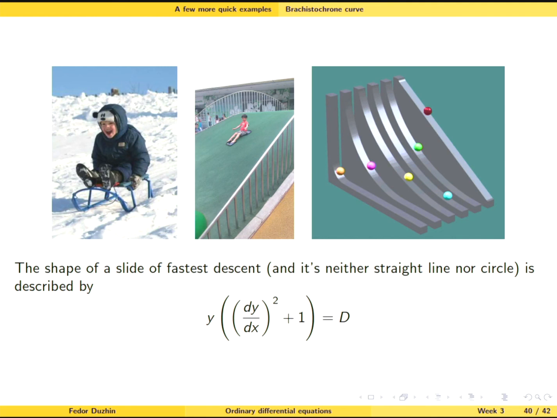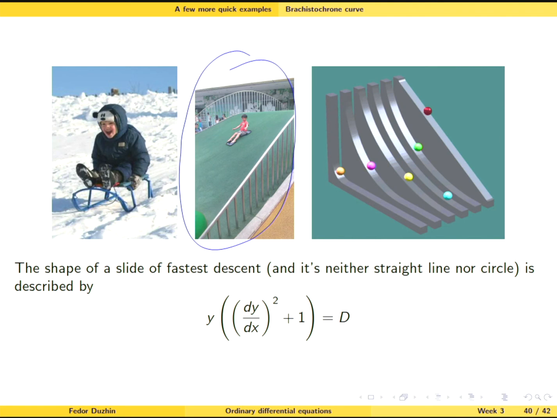Another very interesting real-life problem is to design the shape of the slide of the fastest descent. Imagine a sleigh on a slope, or in this case a slide at Singapore, where kids just take trays from a nearby canteen and slide down the slope.